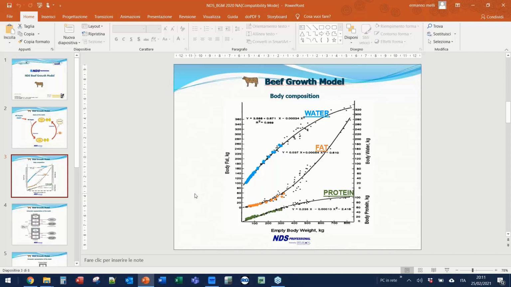So we can estimate average daily gain, but also the expected body composition at the beginning of the stage and at the end of the stage. And if the end of the stage corresponds to the slaughter, we can predict the body composition of the carcass and of the non-carcass tissues.